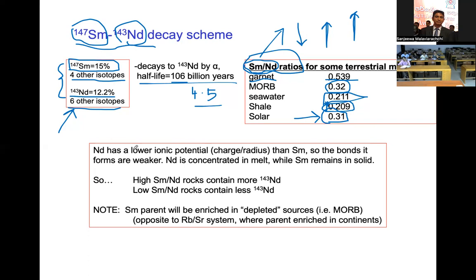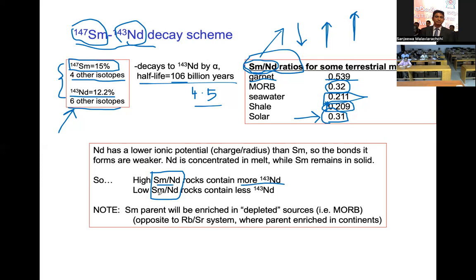So as we mentioned before, this ratio matters. The samarium neodymium ratio matters, right? So if you have a high samarium neodymium ratio, what happens? You will end up with more neodymium, right? Because samarium decays into neodymium. So you will get a lot of daughter isotopes.